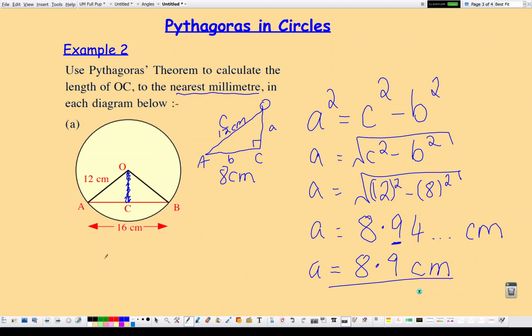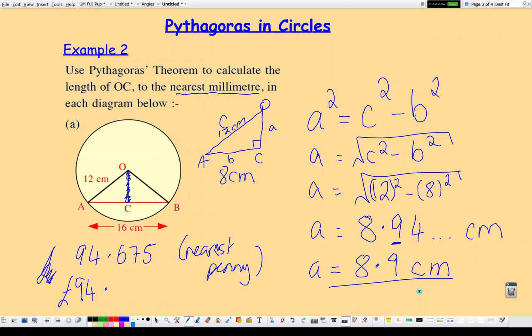That's like if you had a money question where the answer in pounds was 94.675 and you were asked to round to the nearest penny. It's in pounds and you give your answer in pounds, but the nearest penny is the second decimal place because there's 100 pennies to a pound, so that would be 0.68 to the nearest penny, but it's still in pounds.